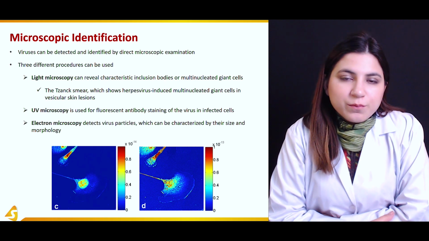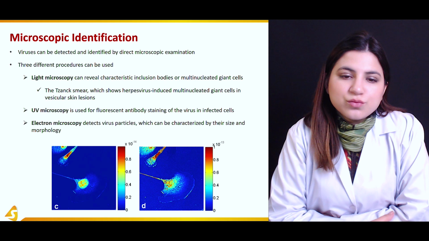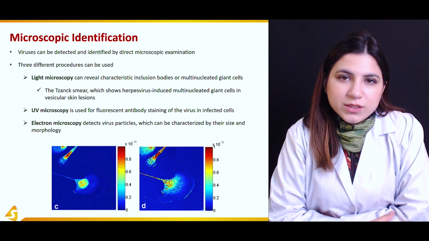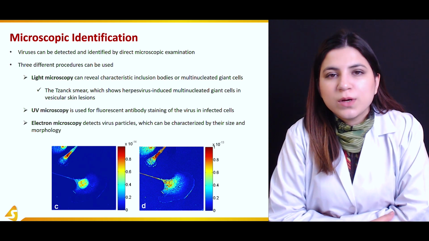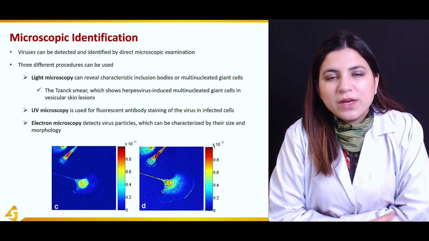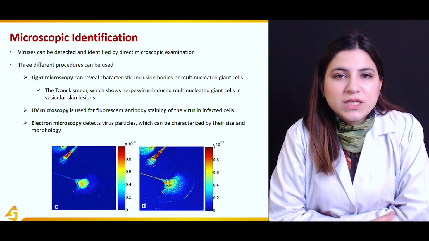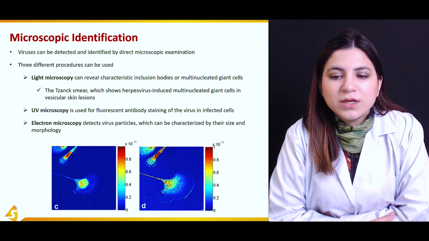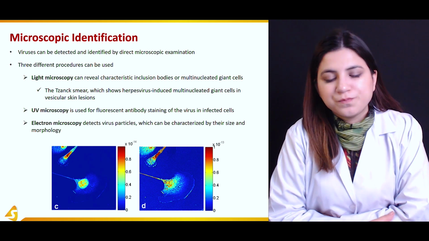There are three different procedures that can be used to detect the presence of viruses inside the cell. The first one is the use of light microscopy. It can reveal characteristics like inclusion bodies or multinucleated giant cells.